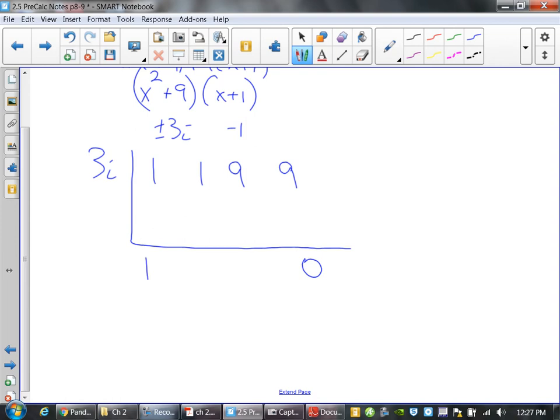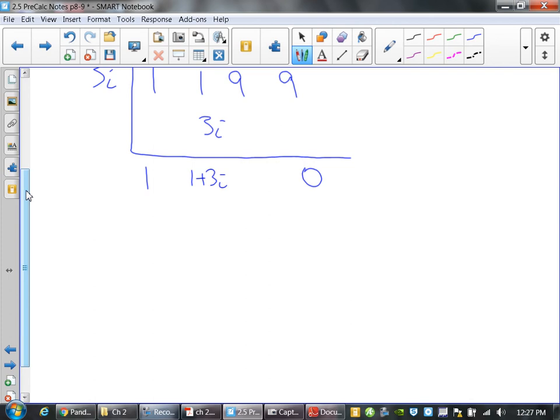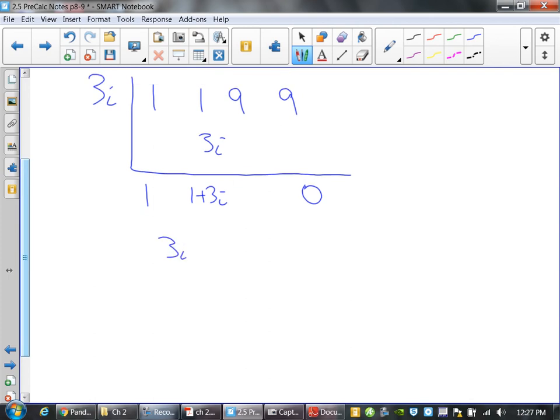Drop, multiply. What do I do between those two? I add. So what's 1 plus 3i? 1 plus 3i. Multiply again. When you multiply that through, you're getting 3i times the 1 plus 3i, which gives you 3i plus 9i squared, which is minus 9.